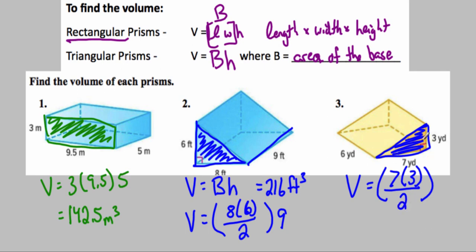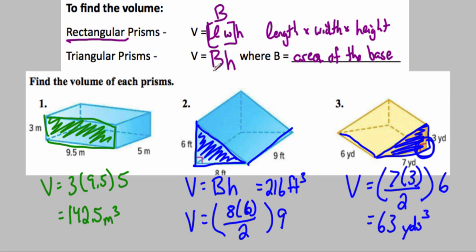Remember, base and height always meet at a right angle, so always look for that right angle, and then multiply times your distance going back, times 6. So 7 times 3 divided by 2 times 6, and I get 63 yards cubed.